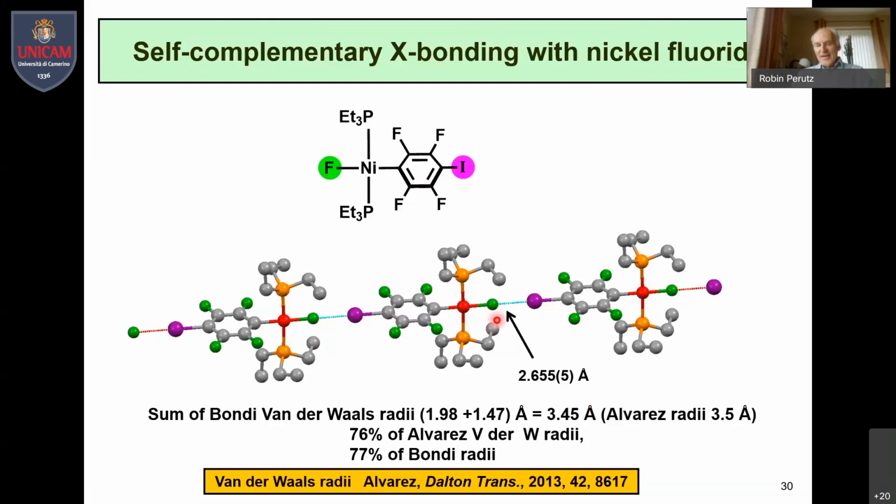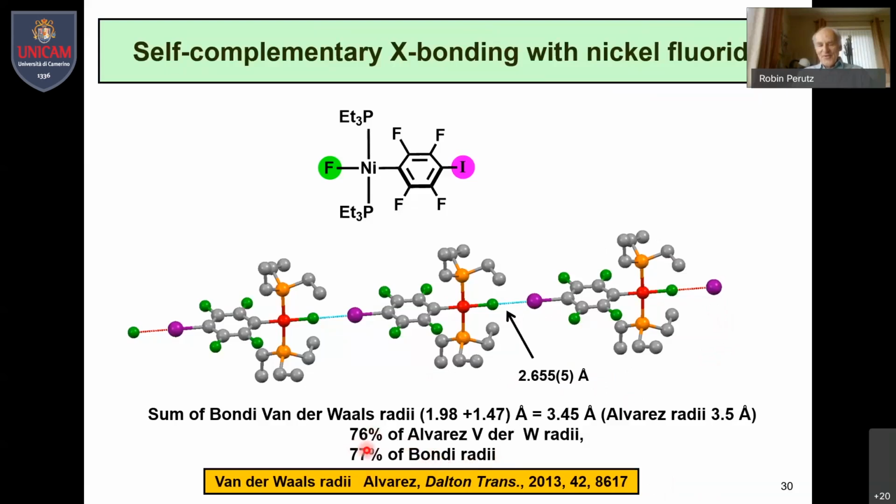This distance between iodine and fluorine is 2.655 angstroms. So we can work out whether this is significantly shorter than the van der Waals distance or not. So there are 2 measures of van der Waals radii. One comes from Alvarez and one from Bondi.